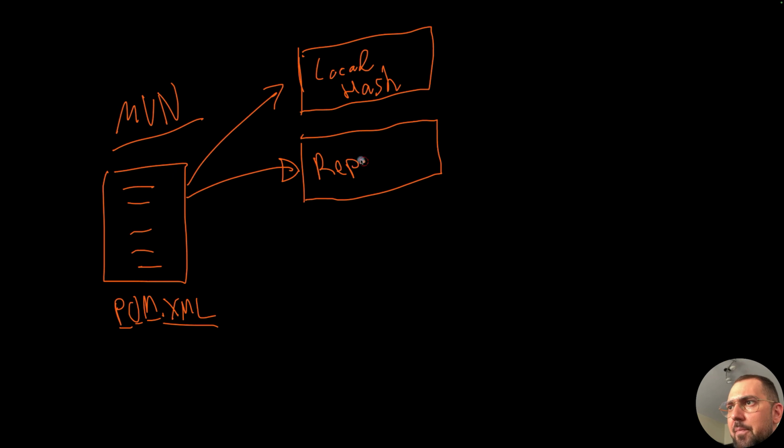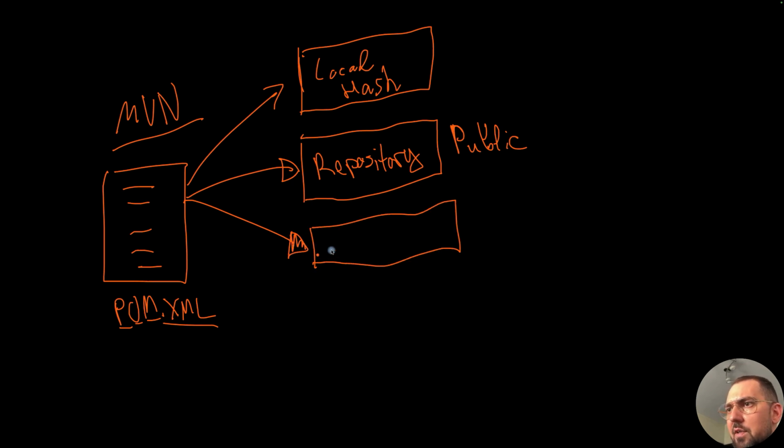By default this repository will be the public one from the Maven community, from the Maven project. But if you work in a company, I think you will have a private repository, and it will use this one, not the public one.